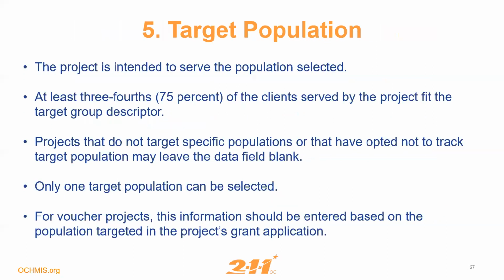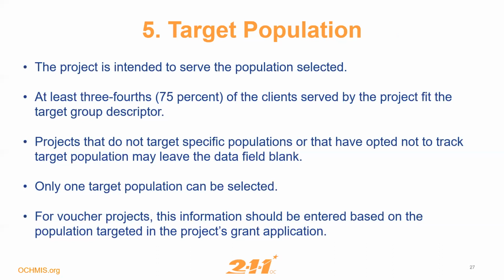Next is target population. The target population means that this project is intended to serve the population that you select from the dropdown, and at least 75% of the clients served by the project should fit that target group descriptor. However, we want to emphasize that you should only select an option from this dropdown if your project is intended to serve that population.